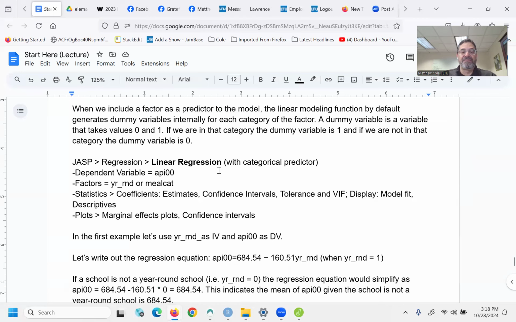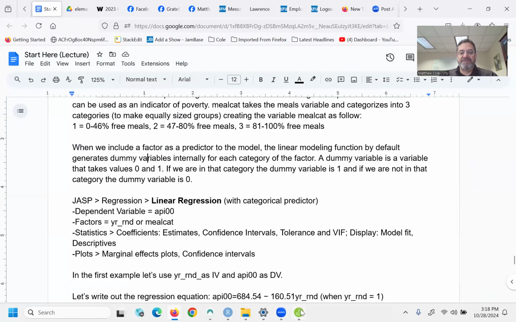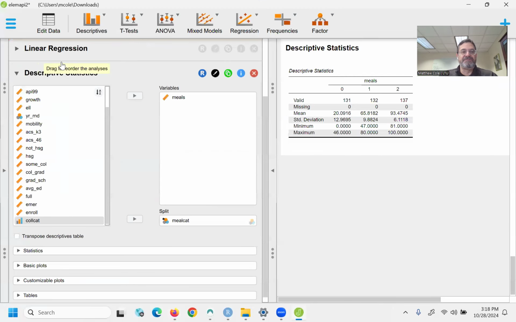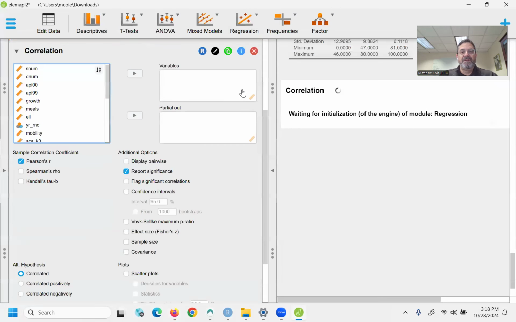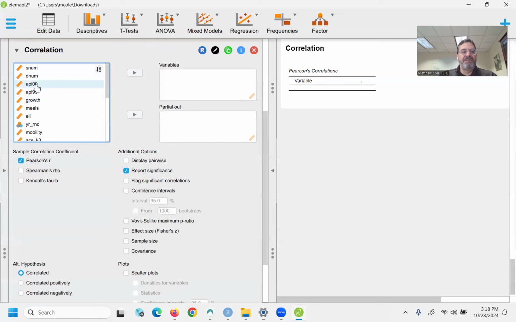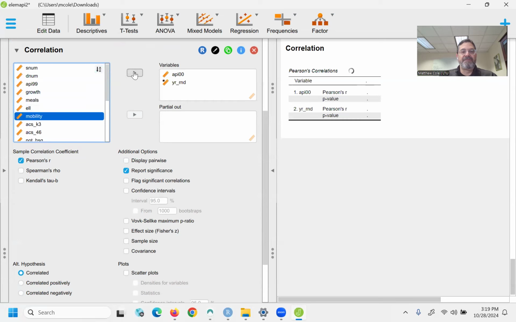Let's start with, well, let's just explore for a second and see what happens if we try to do a correlation. All right, what if we say we want to do the correlation between API and year round?